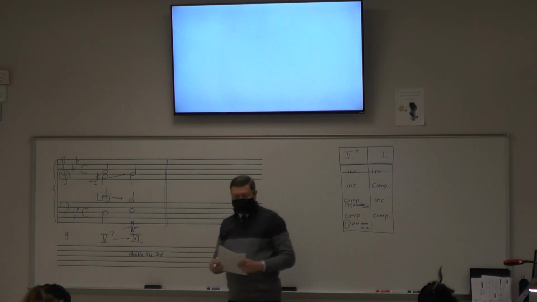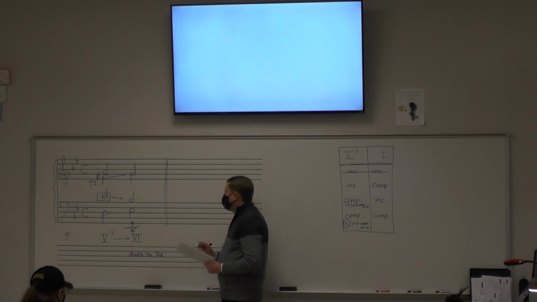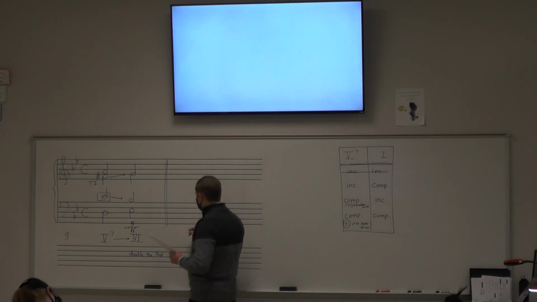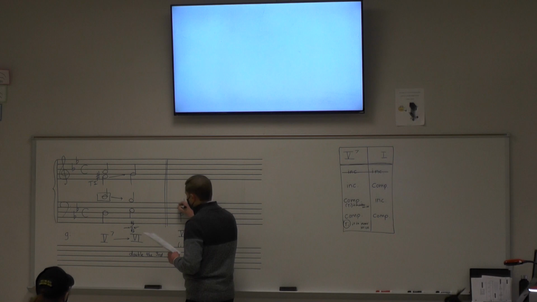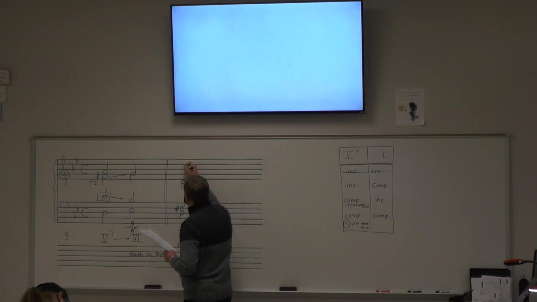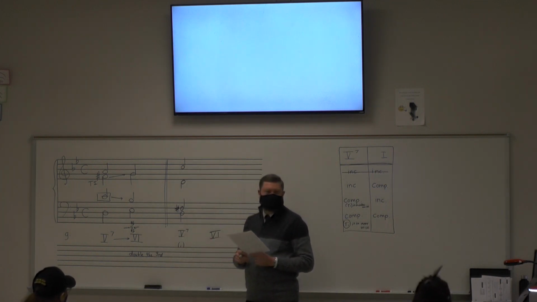Next thing I'm going to tell you is just for your information only. You don't really need to know this, but I'm going to tell you anyways. You'll find this in your reading of the pages in the book that I assigned. If you have an incomplete 5-7, and you try to resolve it deceptively to 6, it doesn't work.